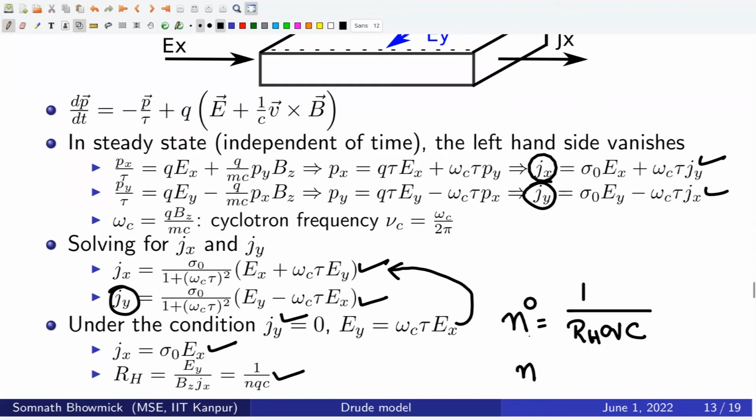Now, take the ratio of the experimentally measured value NO and the calculated value N. Ideally, this ratio NO by N should give me a number equal to 1. So if we get NO by N equal to 1, that will validate the correctness of the Drude model.